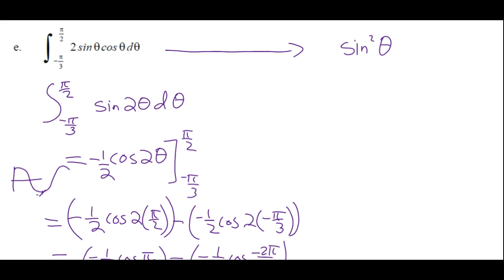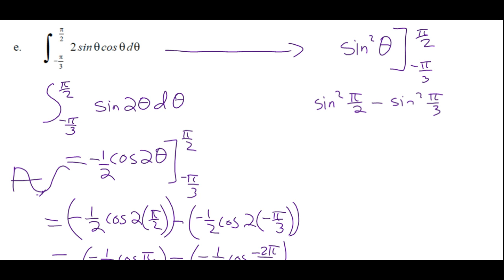Yeah, it's 2 sine theta cos theta, right? So we've got sine theta all squared, so that's 2 times sine theta times the derivative of sine theta, which is cos theta. So we could just do sine squared theta from negative pi by 3 to pi by 2. So sine squared pi over 2 minus sine squared pi over 3.